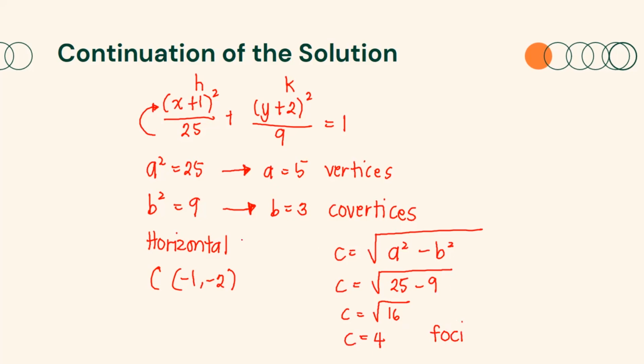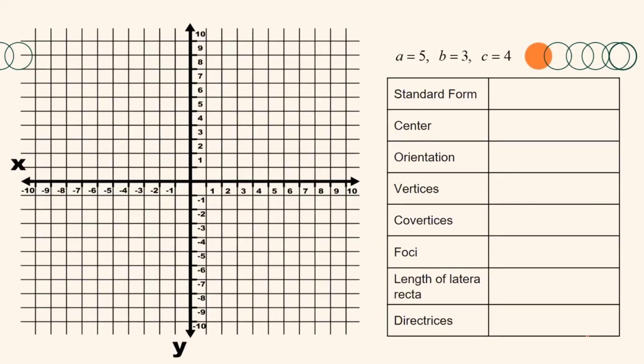Since we already have the center, the orientation, and the values of a, b, and c, we can now determine the other elements of the ellipse by graphing. From our previous solution, we have learned that the standard form of the equation is (x + 1)² over 25 plus (y + 2)² over 9 equals 1.